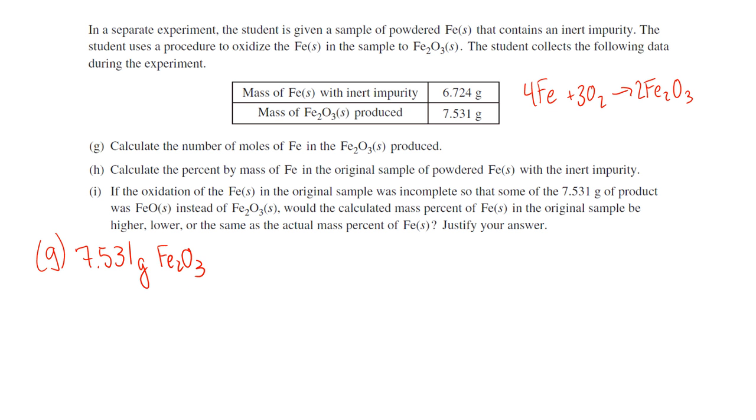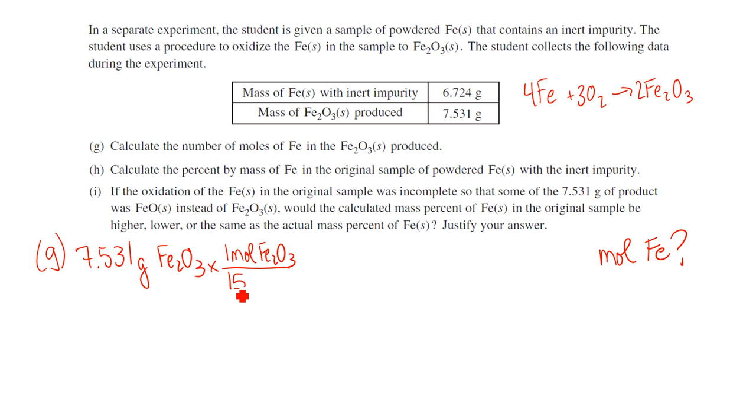And we're trying to figure out moles of Fe. And there's a couple different ways you can solve this, but one thing that you can do is you can convert this into moles. So we can say that we know grams of iron oxide, we can figure out what the molar mass of iron oxide is.